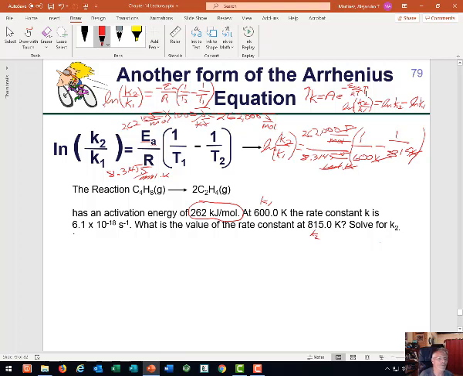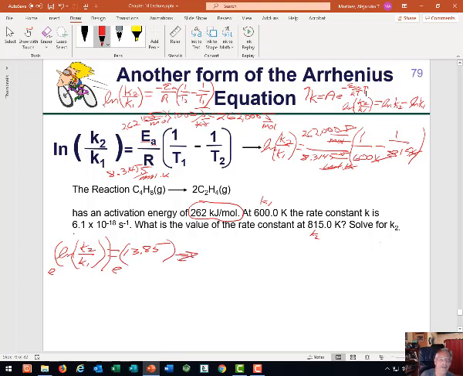If I plug all of that into my calculator, here's what I get for the natural log of K2 over K1: 13.85. Now to get rid of the natural log, I'm going to take e to both sides of this expression. When I do, I wind up with a ratio.